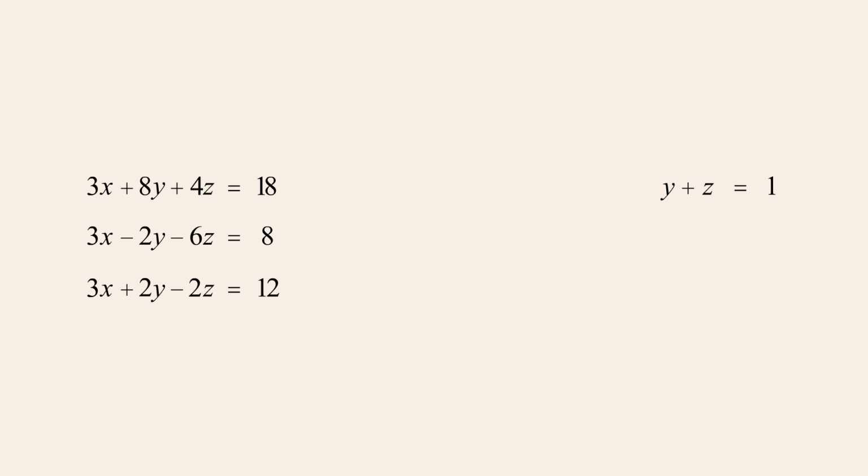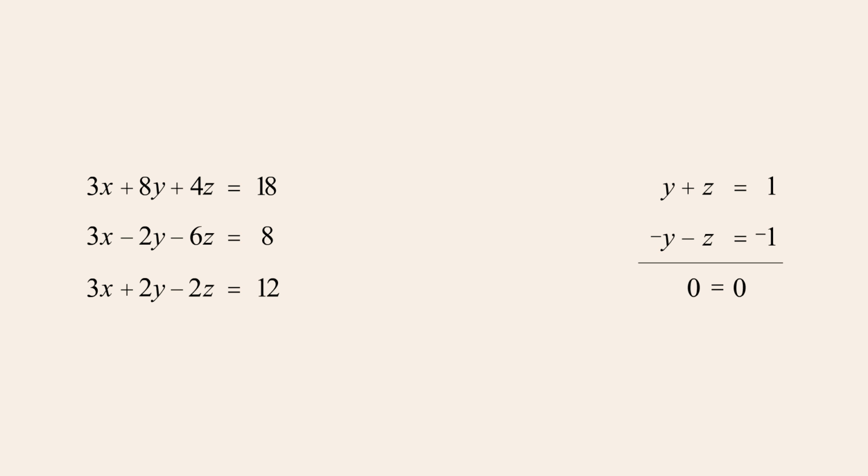So no matter which pair of equations we choose, we always get the same equation, y plus z equals 1. And therefore, we will always end up with the result 0 equals 0.